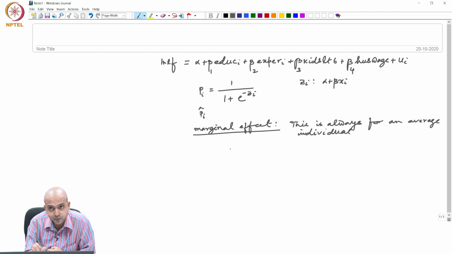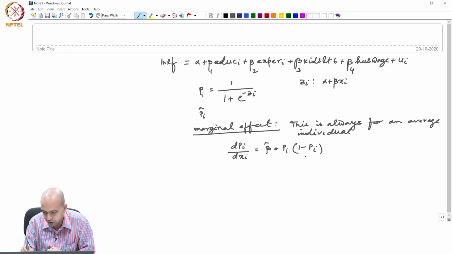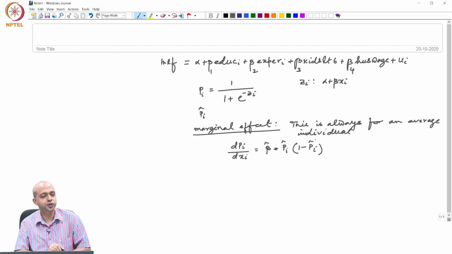Because your marginal effect shows dpi/dxi equals your beta i hat into pi into 1 minus pi, and once you estimate, then all these are hat, okay, all these are hat.